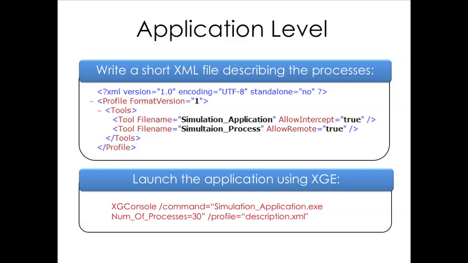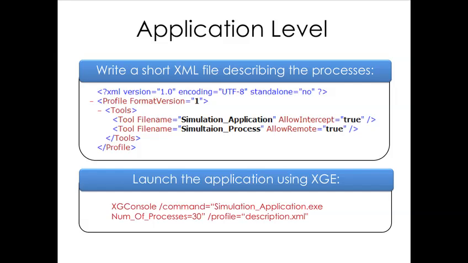And then what's happening is that XGE is running the simulation application on the initiating machine, and it constructs a virtualized environment surrounding it. Each time this simulation application creates a process by calling the Windows API CreateProcess, XGE will listen.